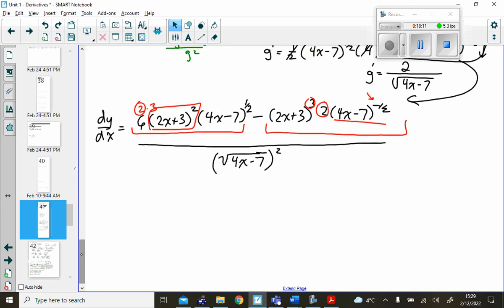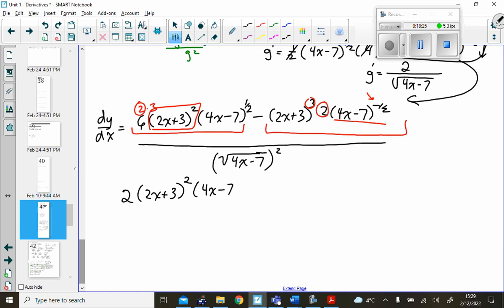So my first line then, I'm going to take out a 2. I'm going to take out (2x plus 3) squared. And I'm going to take out (4x minus 7) to the minus 1/2 power. In the numerator, I'm taking all that out. That will leave this 3 behind.